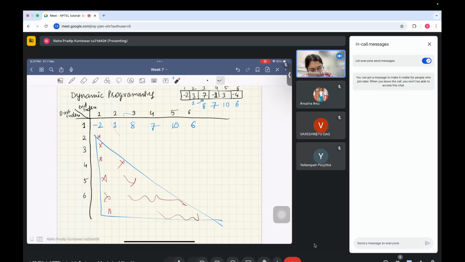So can you now tell me what is the value at 2 comma 2? 3. 3, exactly. And now if I want to find the value at 2 comma 3, then how do I find that? 10. 10. So how did we find it?